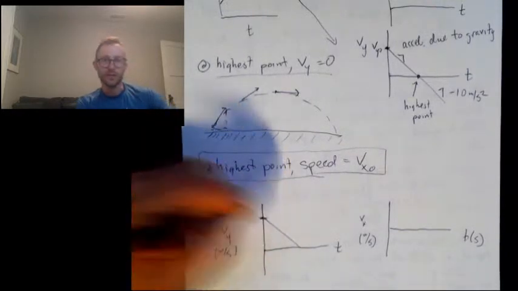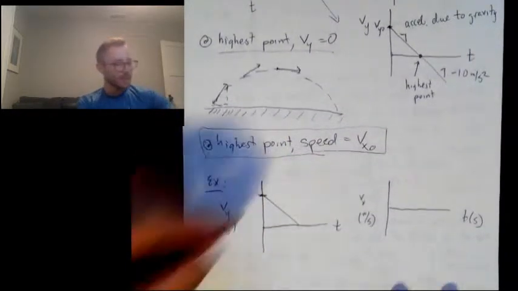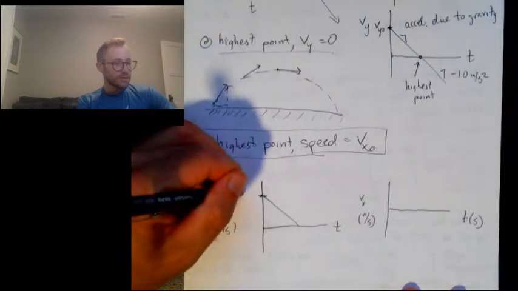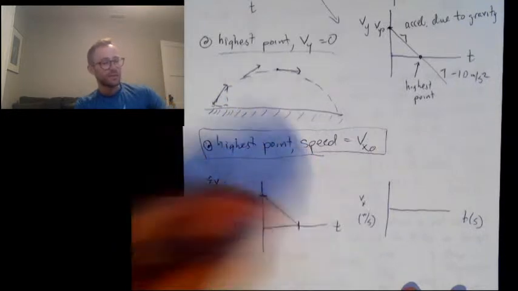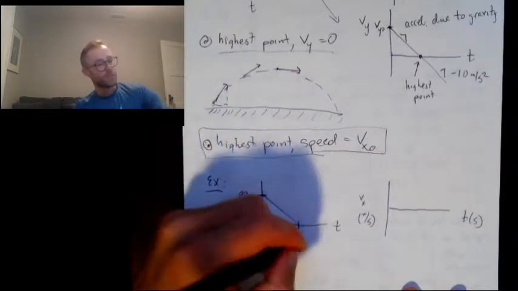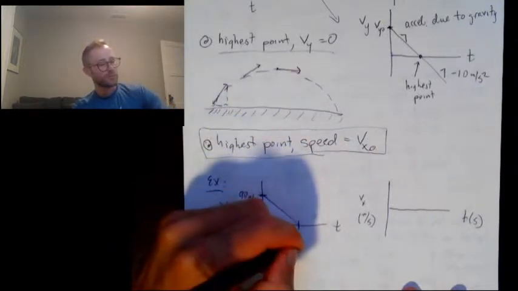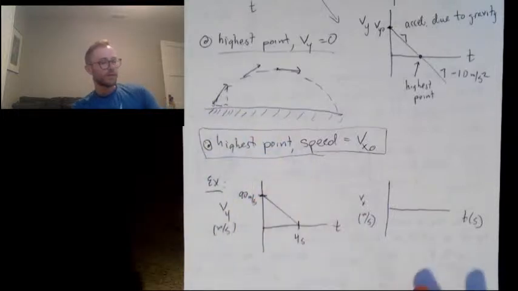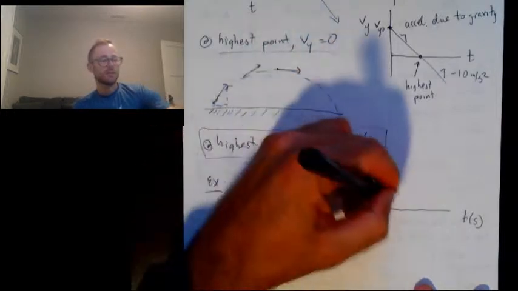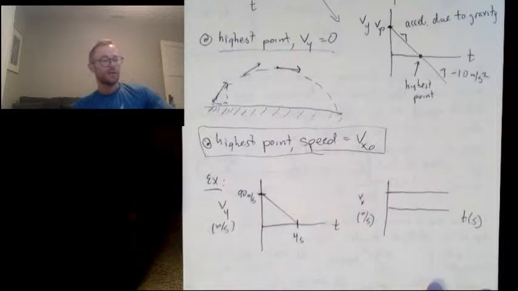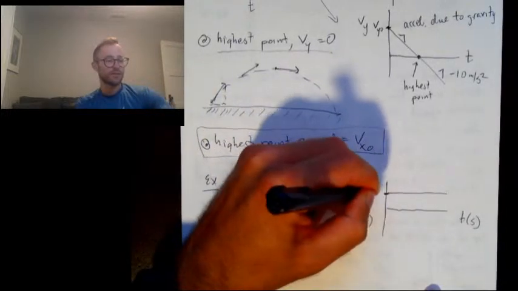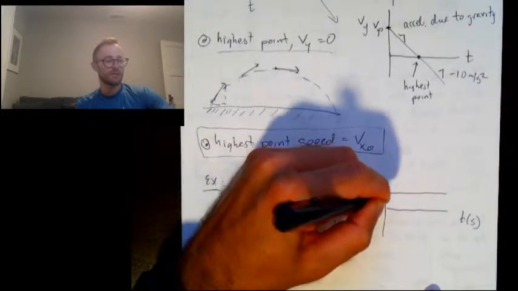Let's suppose that this is 90 meters per second. This is 4 seconds. Okay, and the Vx graph looks like this. And let's say that it starts out at 20 meters per second.